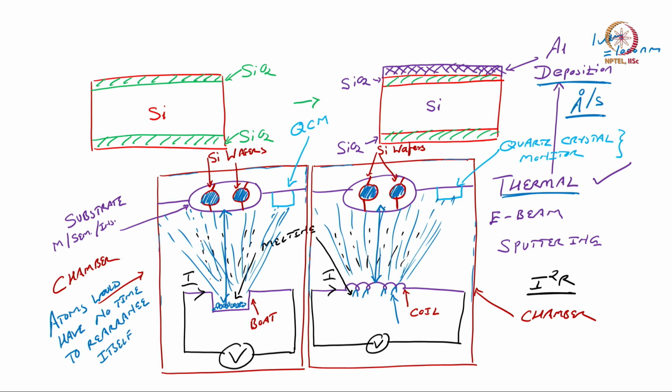So, based on the deposition on the QCM, we can see the corresponding change in a display in terms of angstrom per second. So, that is how we can understand when to stop the thermal evaporation as soon as it reaches 1 micrometer, because in this case we have taken 1 micrometer as the thickness of our metal, which is aluminum.